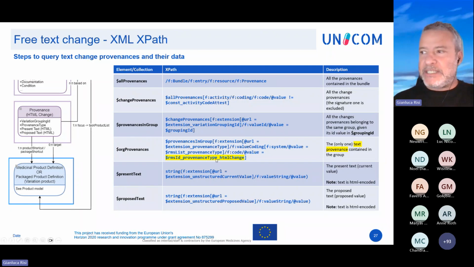In this case, we are filtering HTML change. This variable contains the value 997, and we will have all the provenances of type HTML change. By the way, the name of this variable is not good. It should be in text provenances. So it is an error.